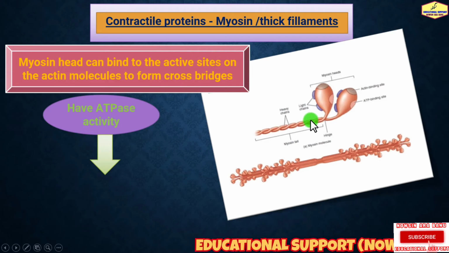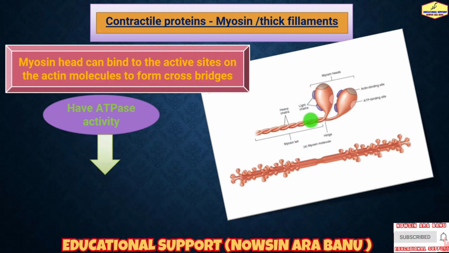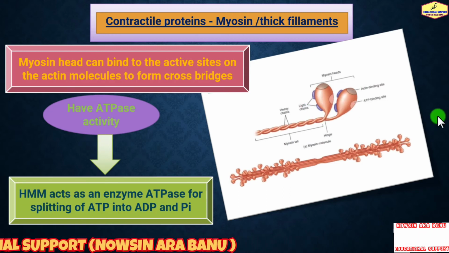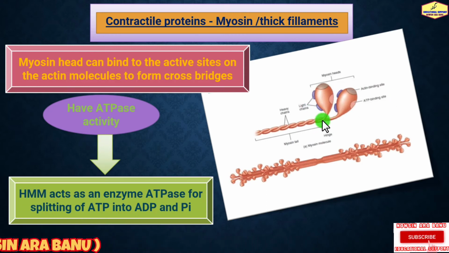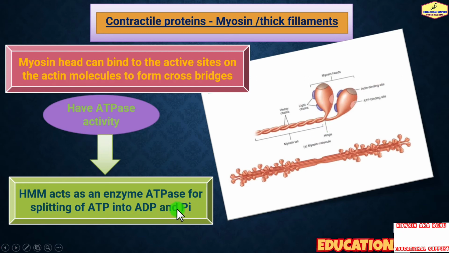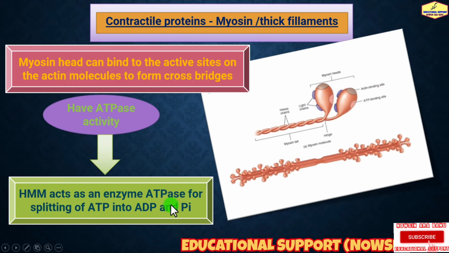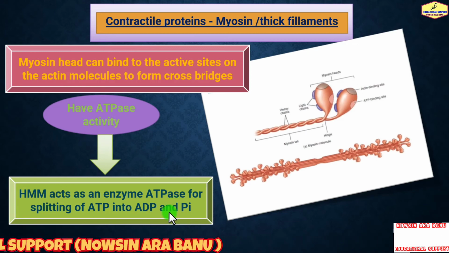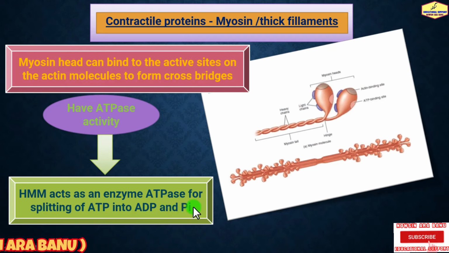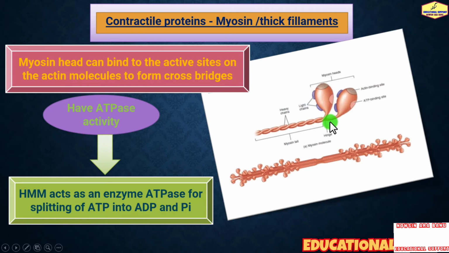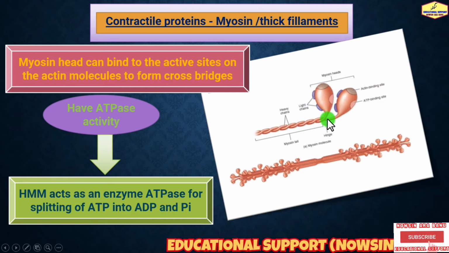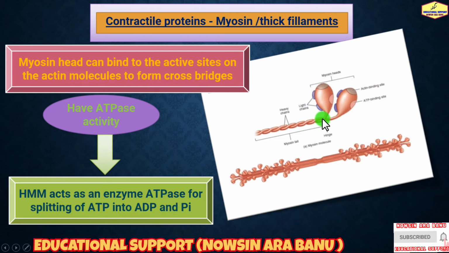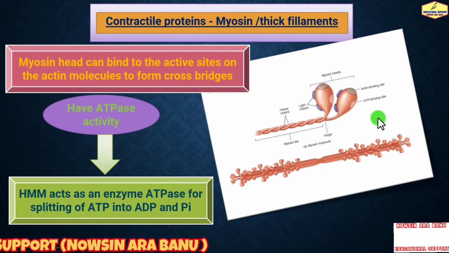So HMM acts as an enzyme, ATPase, for the splitting of ATP into ADP and Pi, an activity that breaks down adenosine triphosphate, releasing energy. Part of the released energy is used to bend the hinge region of the myosin molecules during contraction.